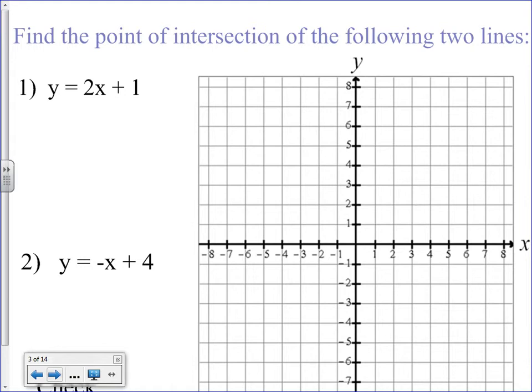What way do you think is very quick to graph? We have 3 methods: x, y intercepts, table of values, or slope y-intercept. Which one do you think is the easiest? Trevor? The x, y-intercepts?